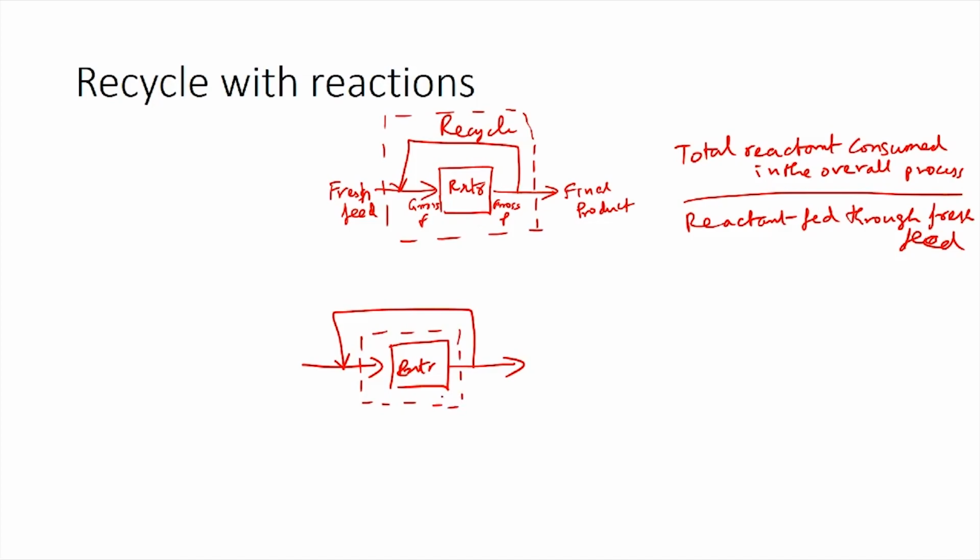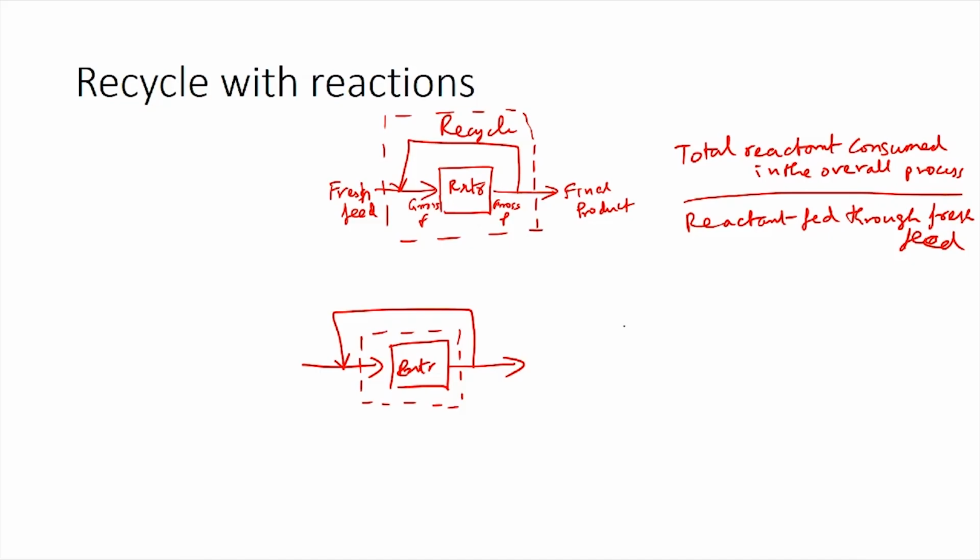So here what you have is the reactants entering through the gross feed pass through the reactor only once and leave as the gross product. So the reactants which are entering into the reactor get converted or consumed to form the products.